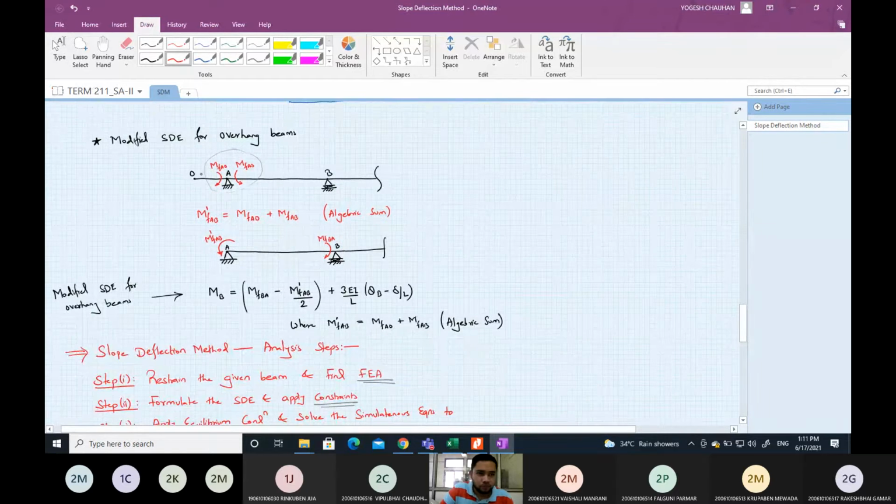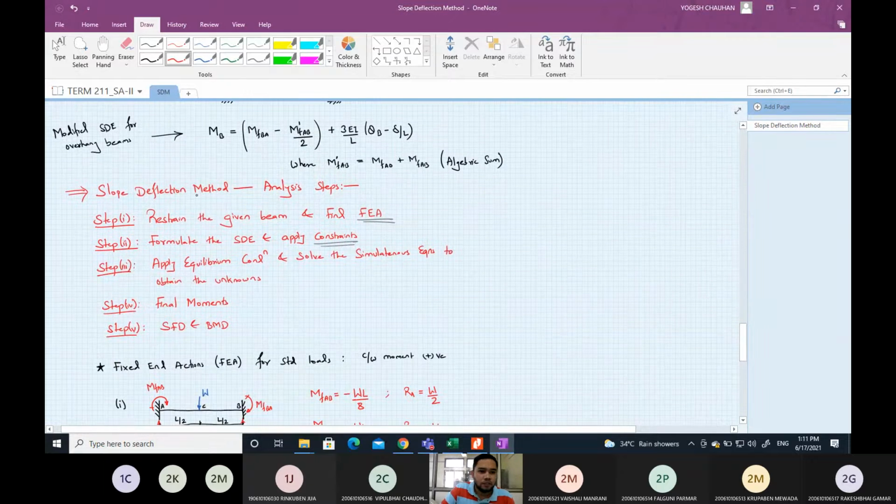And the modification for the overhang case: we can transform this overhang case into a far end simple case by taking into account the algebraic sum of moments at A. So you will have moment at B would be MFBA minus MF'AB by 2. Here MF'AB means it is the algebraic sum of moments on the left as well as right at point A.